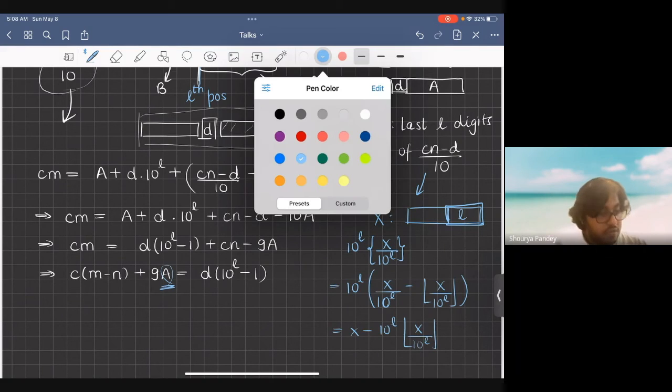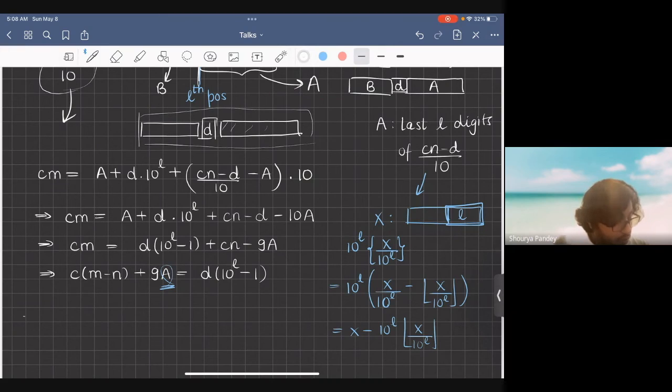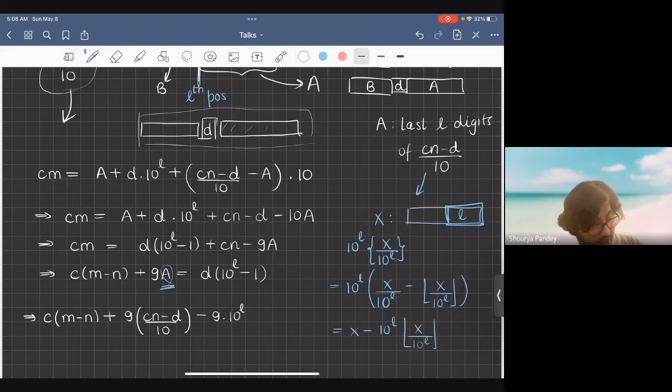Which means I should be able to write this as C times m minus n plus 9 times Cn minus d over 10, minus 9 times 10 to the L times floor. So it's already getting a little complicated, which is equal to d times 10 to the L minus 1.